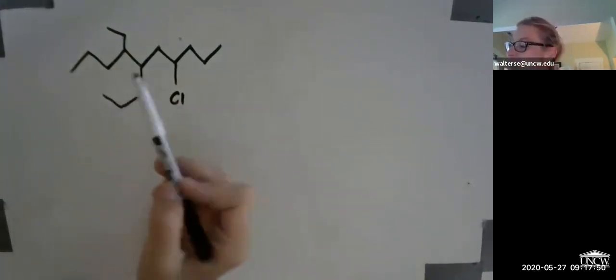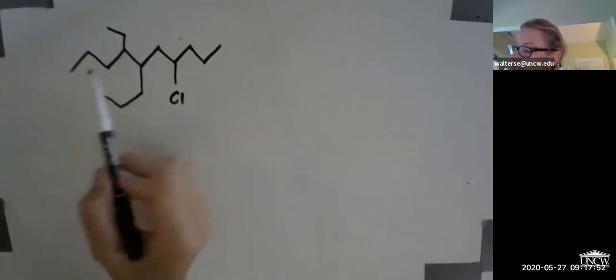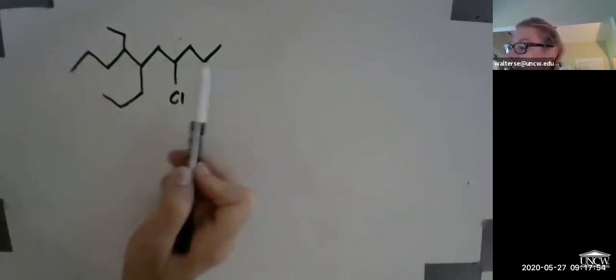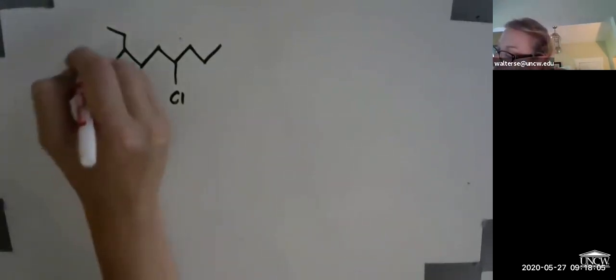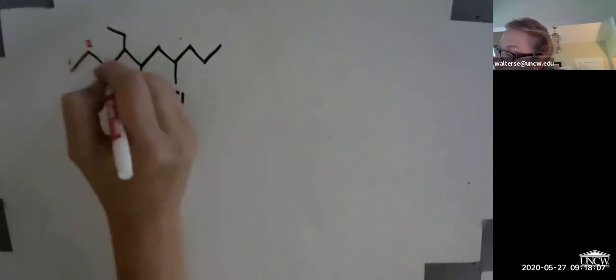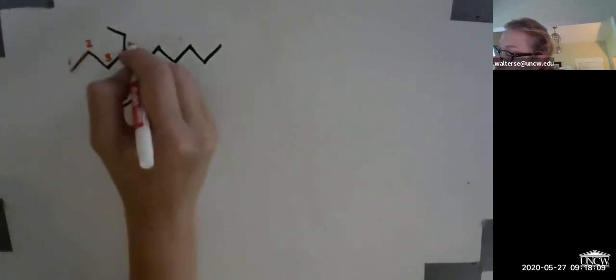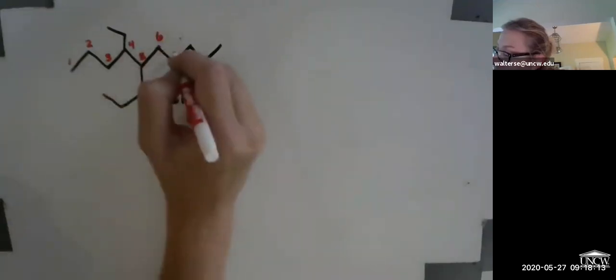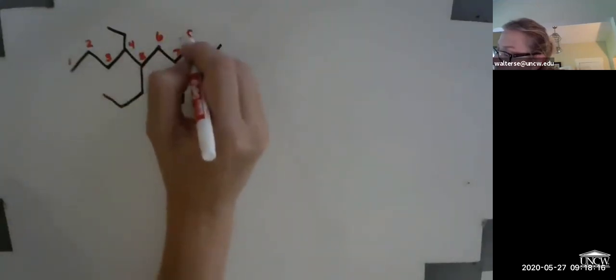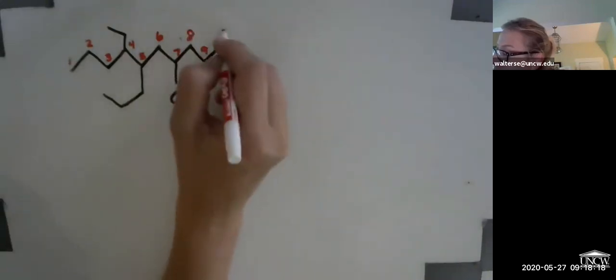All right. Now, in this one, I drew it in the easier way. So the longest chain is right to left. But you still should take the time to number in both directions. 1, 2, 3, 4, 5, 6, 7, 8, 9, 10.